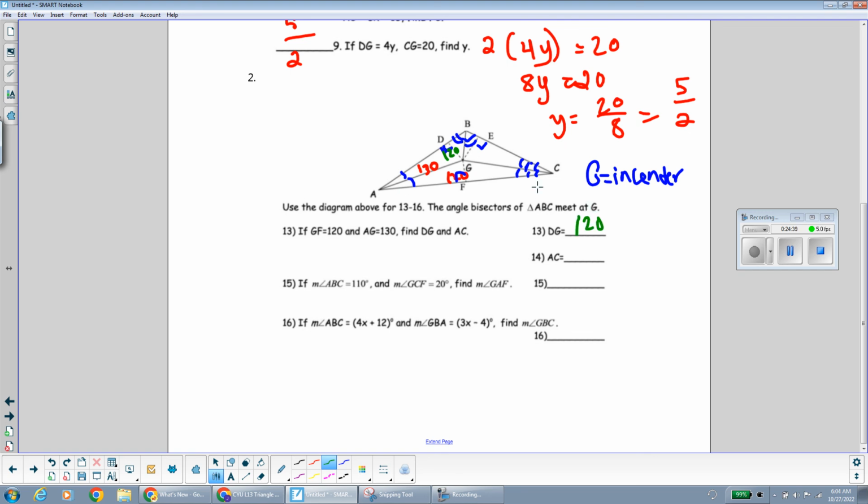So if we want to find AC, first we would need to find AF. And I can use the Pythagorean theorem to do that. A squared plus B squared is equal to C squared. I could use 120 as A. I'm finding the other leg, and 130 is my hypotenuse.